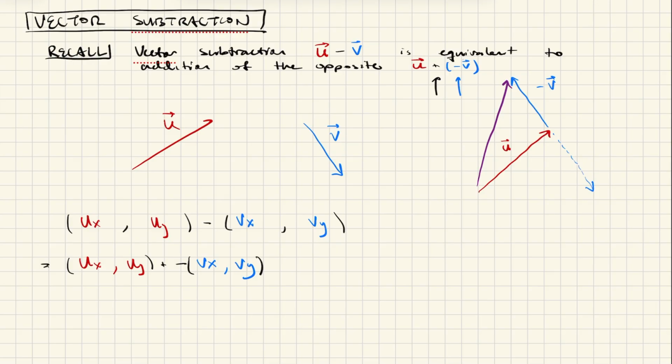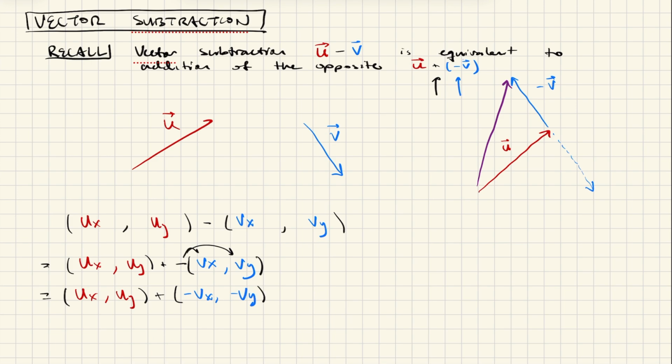And we know that when we multiply by a negative scalar, it distributes the negative sign into both of the components. So this now looks like ux, uy plus negative vx, negative vy.